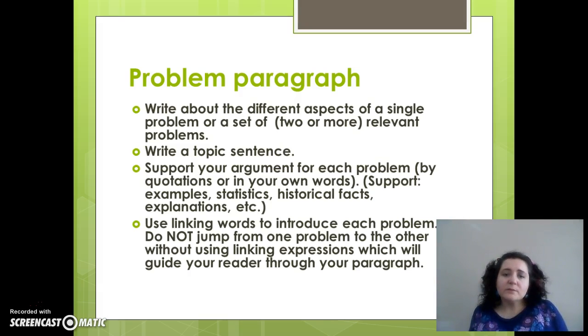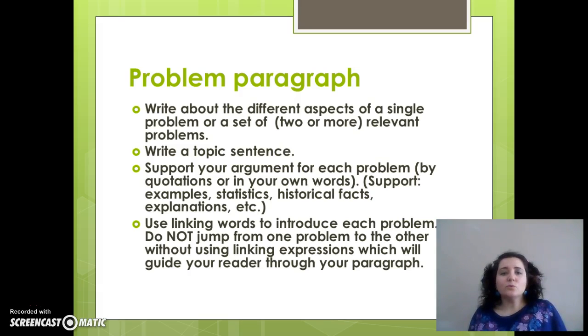Another thing to consider in a problem paragraph is the use of linking words. I've just told you a minute ago that by means of linking words, you guide your reader in a very long text. Otherwise, your reader may get lost. Now, what do we link in a problem paragraph? What are the items that we link in a problem paragraph?